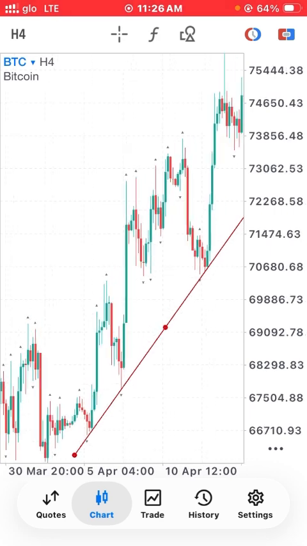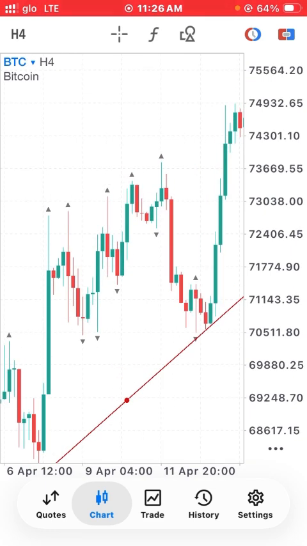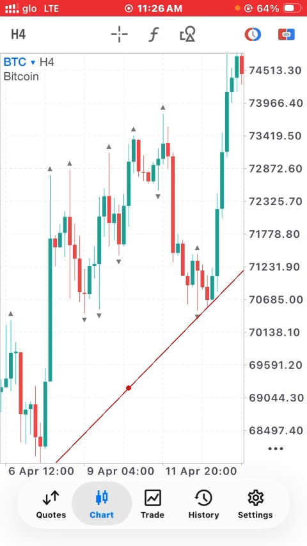Price came here and touched it for the first time, touched it for the second time, reacted with a wick. You can see there's a wick here. Reacted with a wick, with this last bearish move with a wick, and then boom, which is a very good way to confirm if the trend line is going to hold, and then boom, it bought.